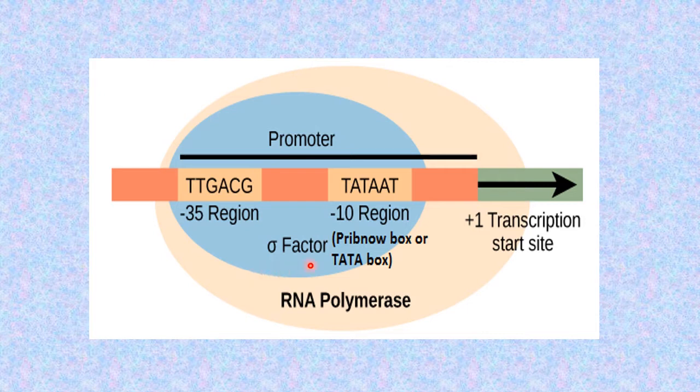And this sigma factor is then recognized by the other subunits of RNA polymerase, and this holoenzyme, that is the core enzyme along with the sigma factor, is organized, or binds to this DNA molecule in this particular region.